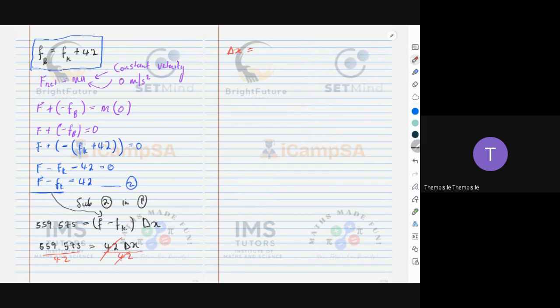So what is our displacement? It's going to be 559.575 divided by 42. Then you get a number like 13.25 meters. Please don't forget to put the correct conversion, right?